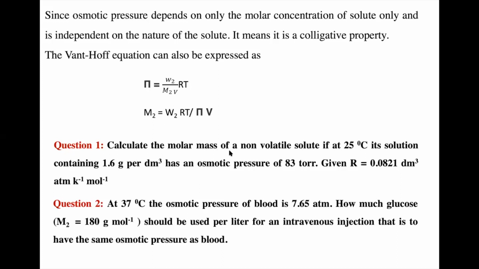You have to calculate the molar mass of a non-volatile solute. The osmotic pressure value is given here, the value of R is given, and the value of T is also given.